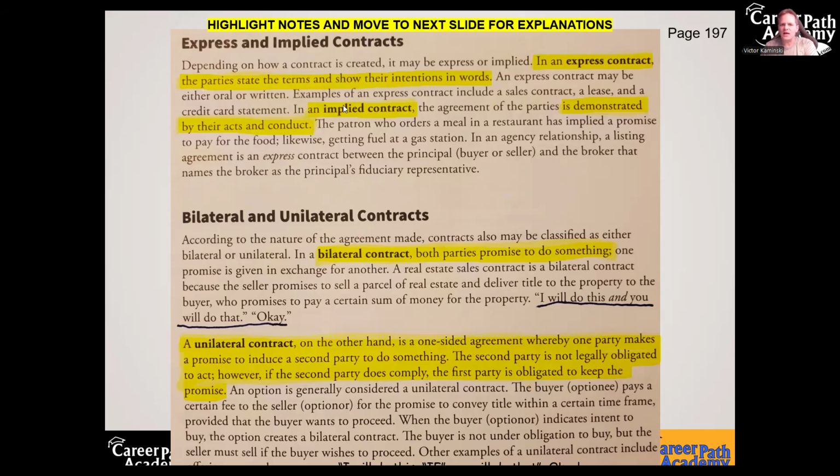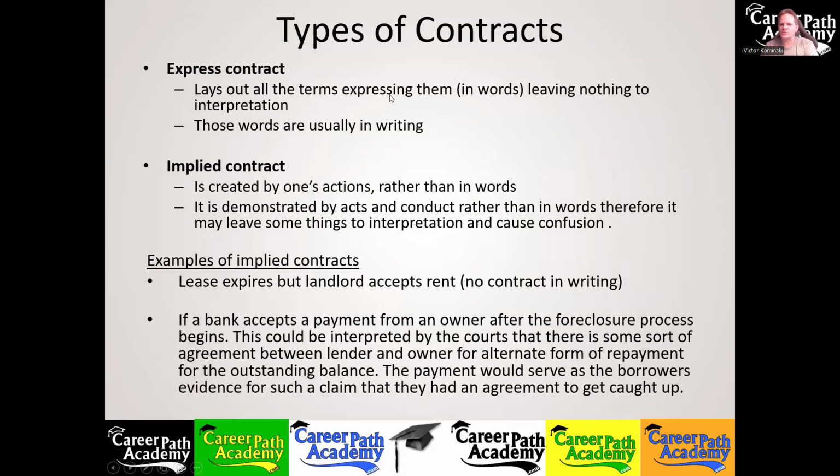So an express contract lays out all the terms, expressing those terms in words, leaving nothing to interpretation. That's how we usually express ourselves, with our words rather than our actions, because if you express yourself by your actions, it can leave some things to interpretation.